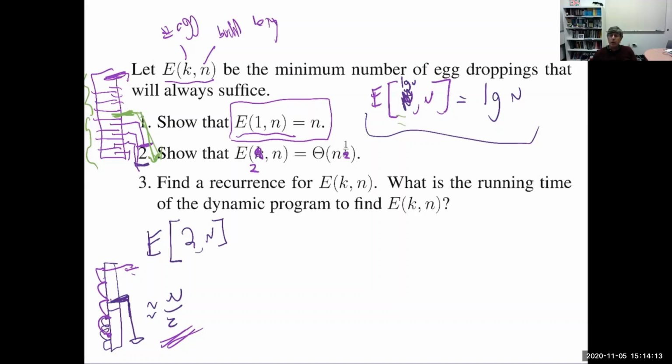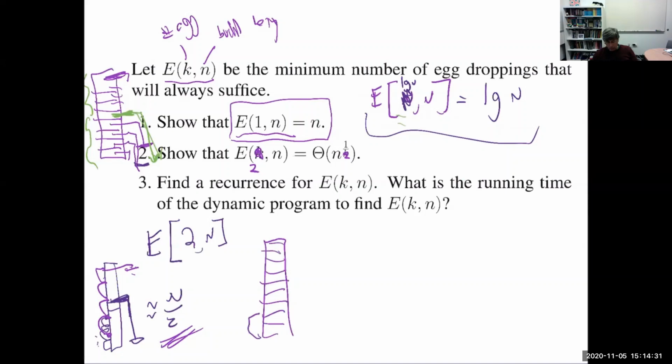How do you get square root n? What if I use the skip by 2 strategy? What if I instead do a skip by square root n strategy?